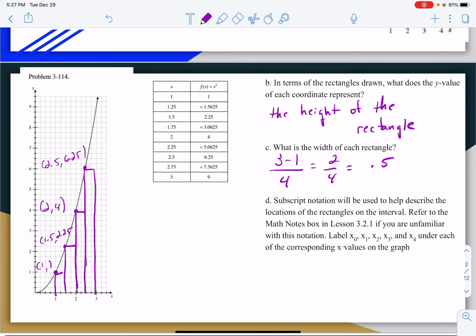Subscript notation is going to help us label points on this graph. So if we look at the x coordinates that are important in this graph, we have x sub 0, x sub 1, x sub 2, x sub 3, and x sub 4. So it's left endpoints on each rectangle.